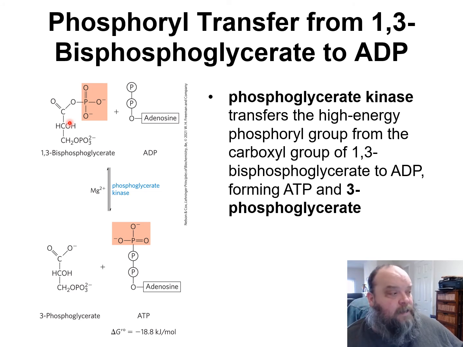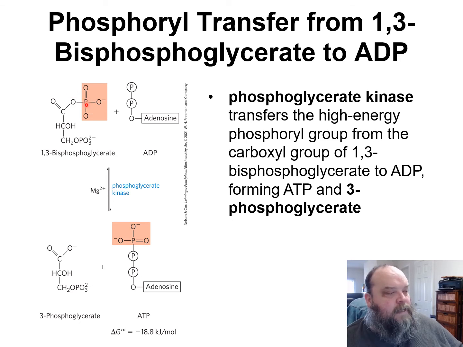So phosphoglycerate kinase is going to take this phosphate group off of carbon 1 and add it to a diphosphate to make a triphosphate, with negative 18.8 kilojoules per mole imbued into that reaction. Like I said, this is what they refer to as a substrate level phosphorylation.